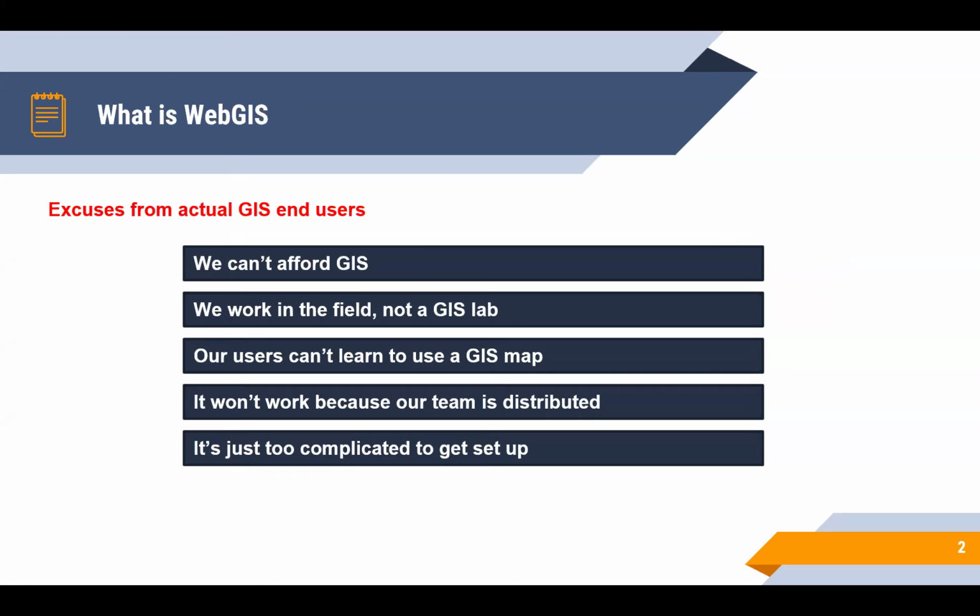Their main concern is that we cannot afford GIS because it is very hard to learn and very costly also. So we work in the field, not a GIS lab. If you try to teach GIS to people on the survey side, they will not be ready to learn it quickly. Our users can't learn to use a GIS map.